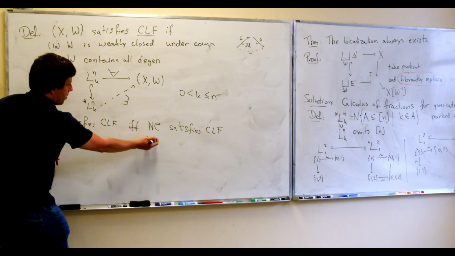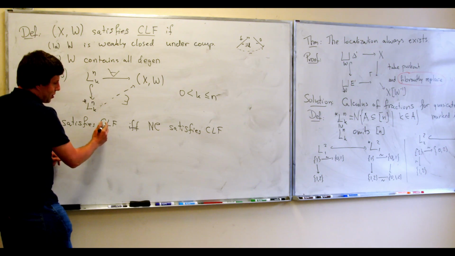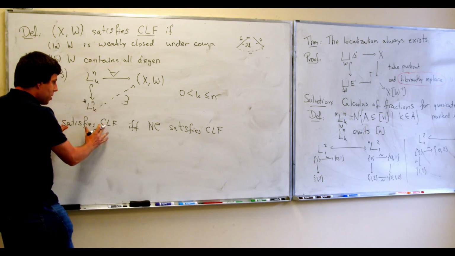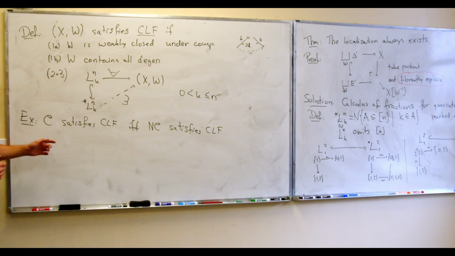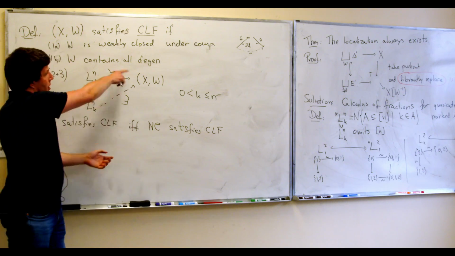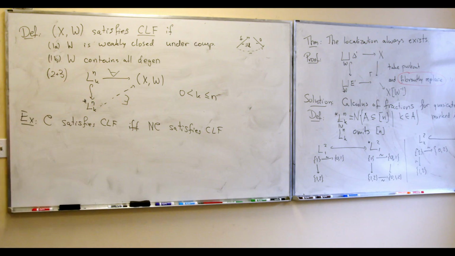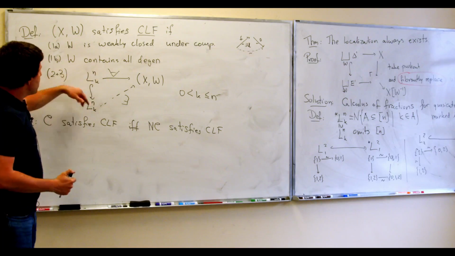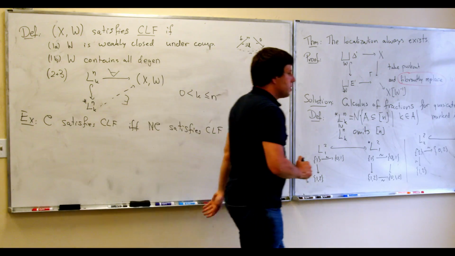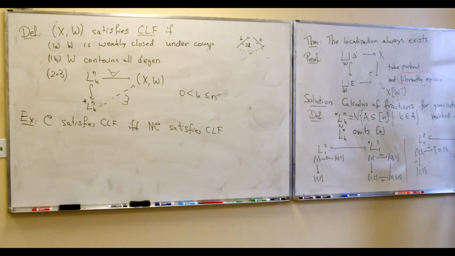This direction to me seems clear, and in fact the proof is much easier. This direction is more surprising because remember there were only 3 conditions here, but now I'm getting this infinite hierarchy of conditions, but somehow all of them can be obtained from just CLF. Okay, so we're not doing something completely crazy.